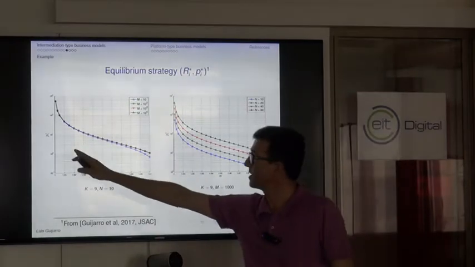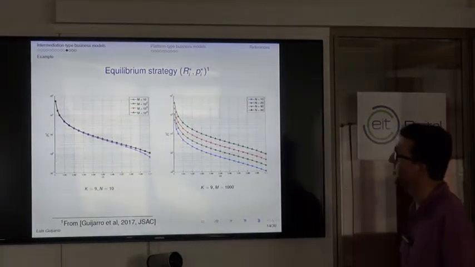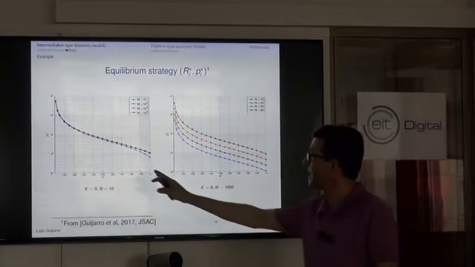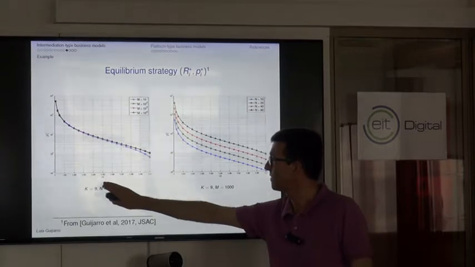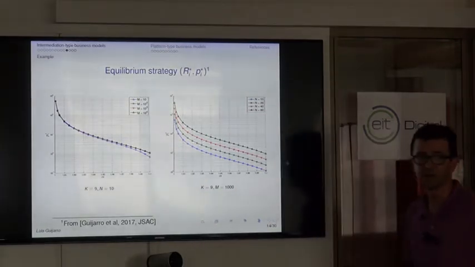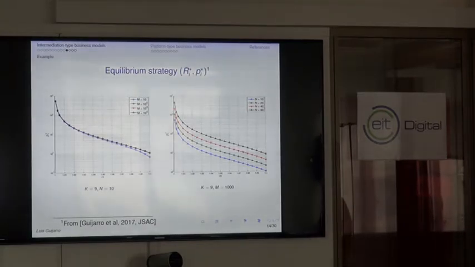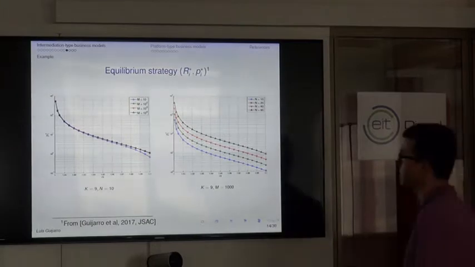Here in these two graphs, I'm showing you the equilibrium price, and the effect that the alpha parameter has. Remember that alpha measured the sensitivity of the users to the quality of service provided by each service provider.